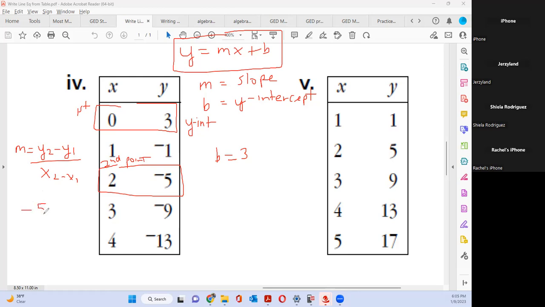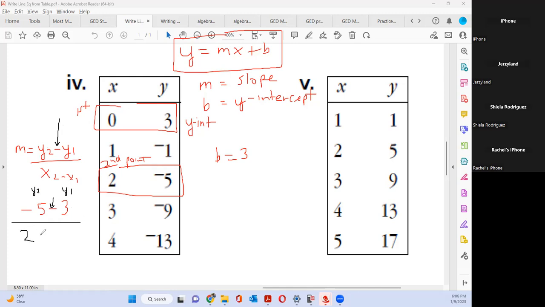So I got minus 5 minus, what's y1? 3. So it is minus 3, but y1 is just 3. The minus that you're talking about comes from the formula right there. So that's where this minus comes from. This is y2, and this is y1. Does everybody understand that? Okay. X2 is what?